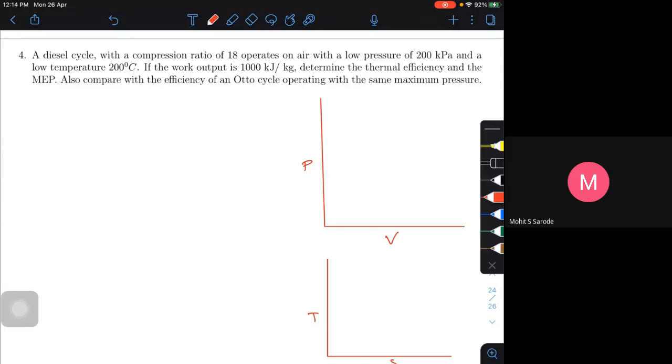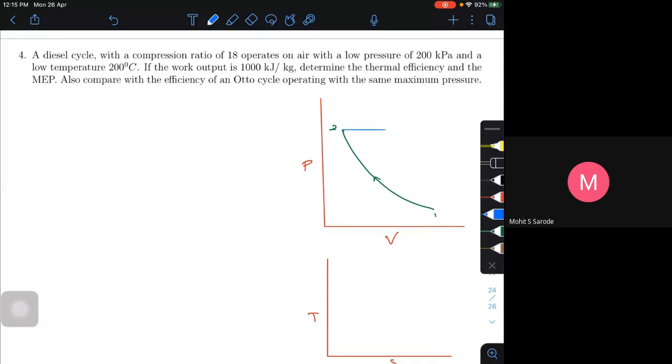What is the first thing you are supposed to do? You are supposed to draw the compression process from 1 to 2. Then you have the constant pressure heat addition, that is from 2 to 3.